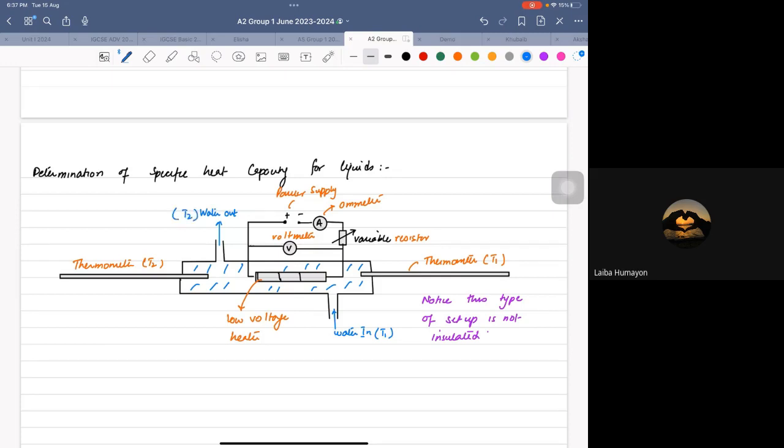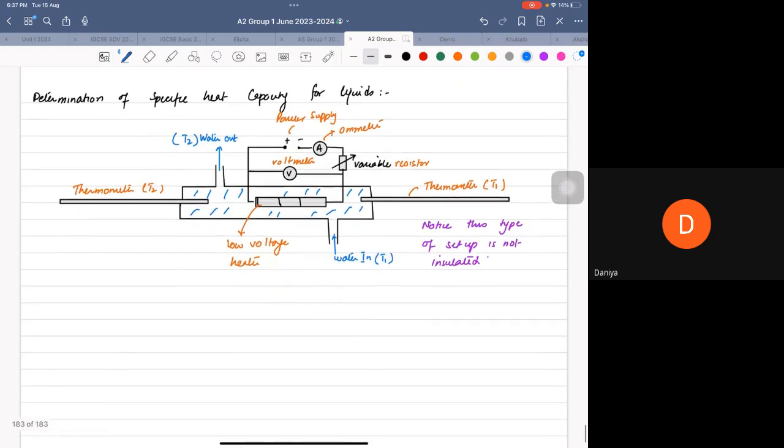We can measure those temperatures because we have put a thermometer at the entry and a separate thermometer at the exit. Is it clear, everyone? Yes, Dania, you understand it? Ahmed? Yes. Okay, good.